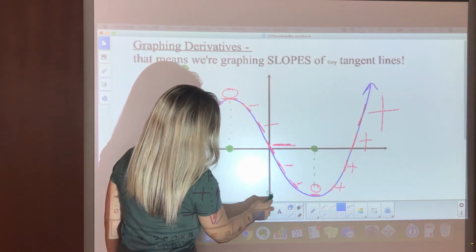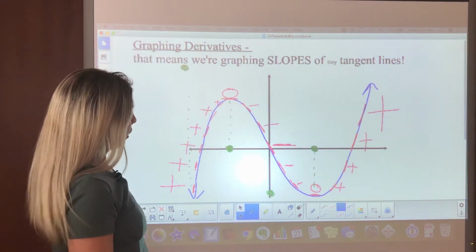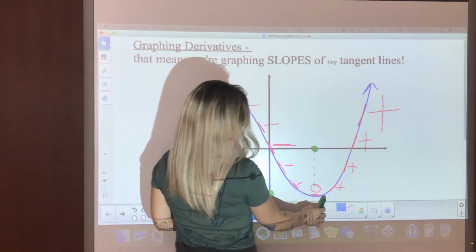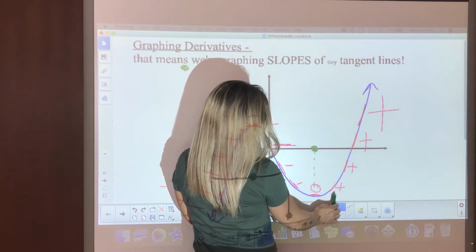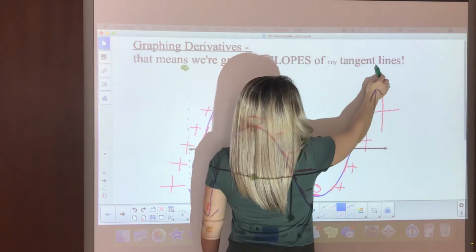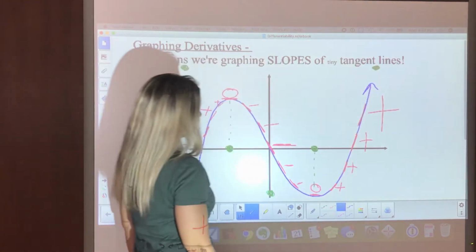So I'm going to put a dot down here at our biggest negative value. As I continue to keep going, I already have my zero marked, and my slopes over here continue to get more and more positive. So up here, it's really, really high. It's a big positive.